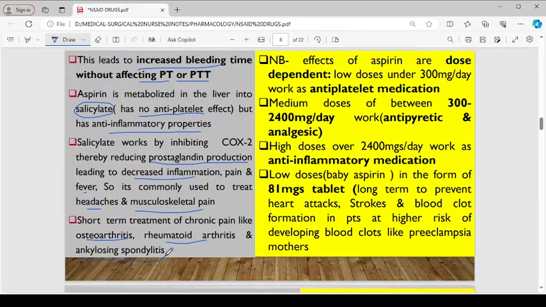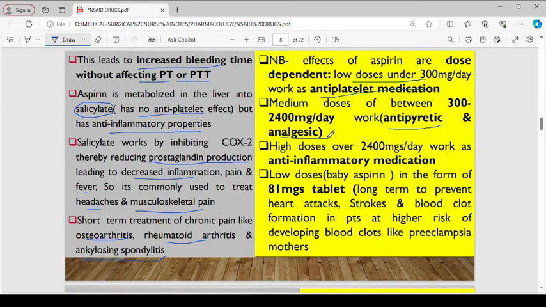Remember, effects of aspirin are dose dependent, so you find that at low dosage, especially below 300 milligrams per day, aspirin will be working as an antiplatelet medication. But when you give medium dosages of between 300 to 2400 milligrams per day, aspirin will be used in that case as antipyretic and analgesic.